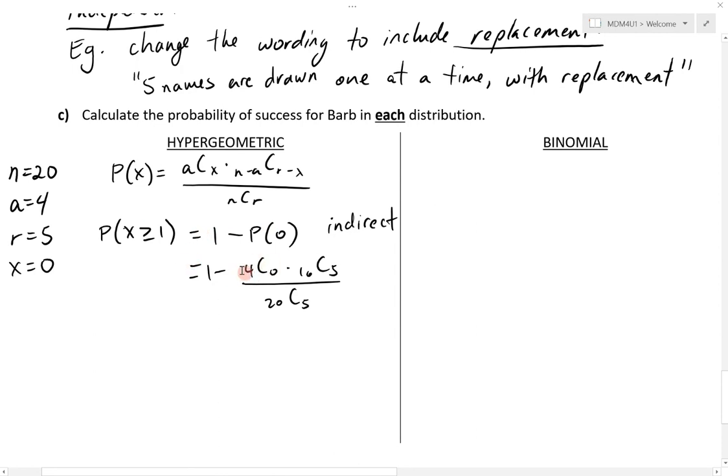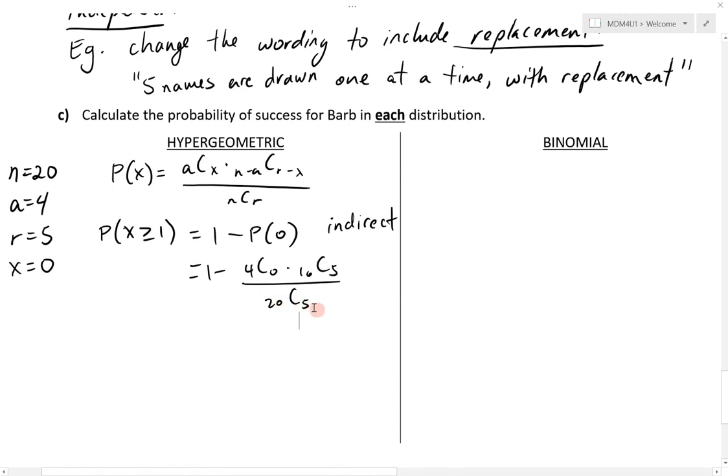So here, 4 friends to choose from. None of them are chosen, so 4 choose 0. Times 16 other names in that list, because there's 20 in total, so 4 plus 16 is 20. And out of those other 16, 5 of them will be chosen, and these are not her friends. So that's why we're multiplying these two, multiplicative counting. And we're dividing that by the total number of ways to pick 5 names from a hat.